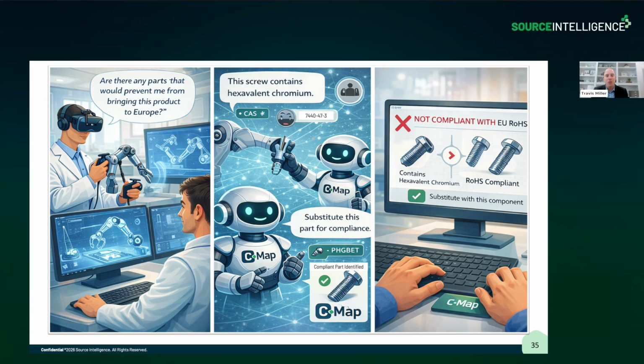And then the agents would begin to communicate with one another. Multiple instances of CMAP, finding the same form, fit, and function material, the same product that you might need, but one that didn't contain that same hexavalent chromium. And as a result, during the design process, you could make that substitution. Next slide.